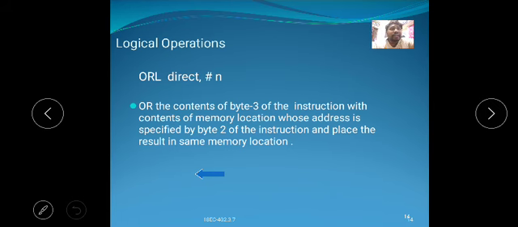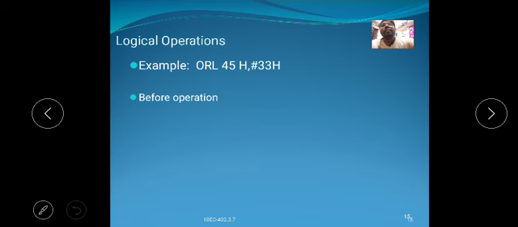ORL the content of byte 2 of the instruction with the content of the memory location whose address is specified by byte 2 of the instruction and place the result in the same memory location. Address OR byte 3. Example: ORL 45H, #33H.